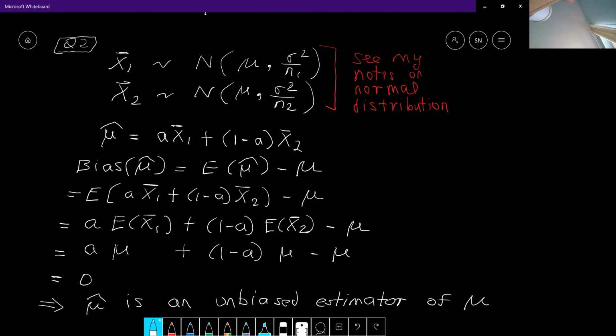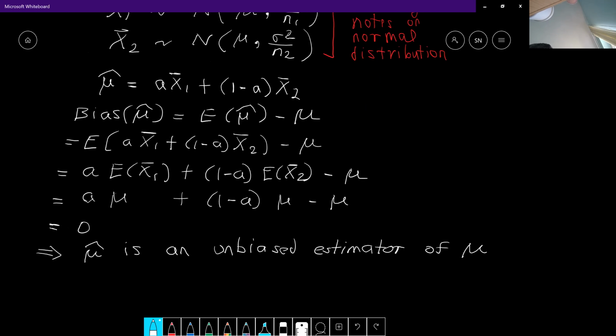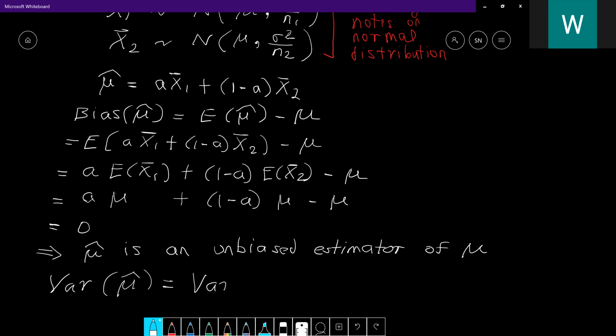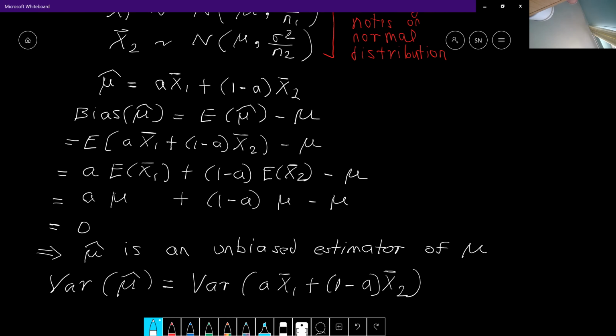The next thing you're asked to do is to find the variance. So let's see what we can do. We want to find the variance of mu hat, which is the variance of this.